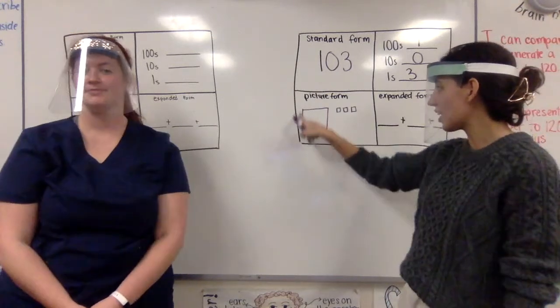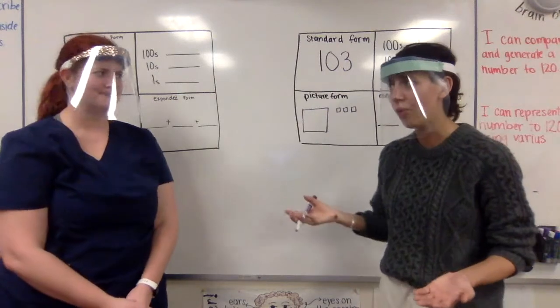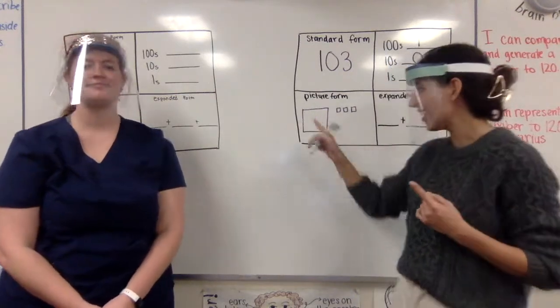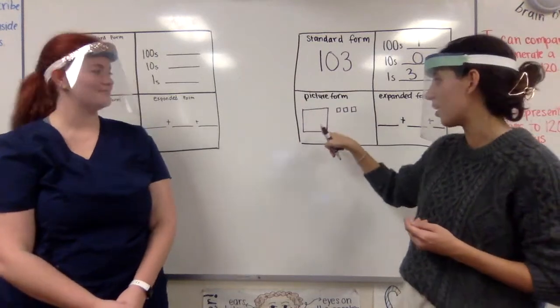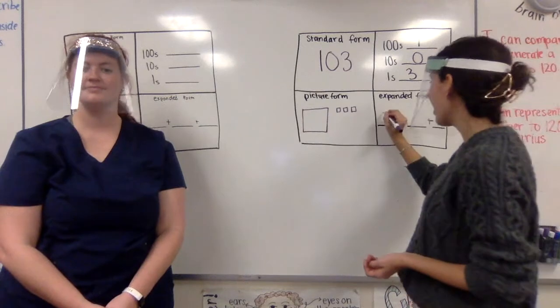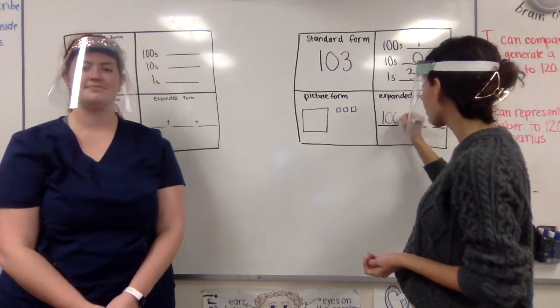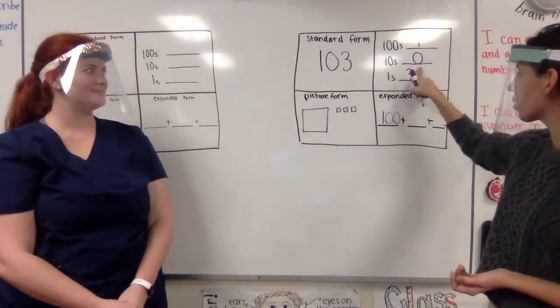So I know right here I have 100 block, but it's not worth 1. I know that inside of this 100 block, there are 100 tiny ones, and this is just an easier way to draw it. So my 100 block is worth 100, and I have 0 tens.